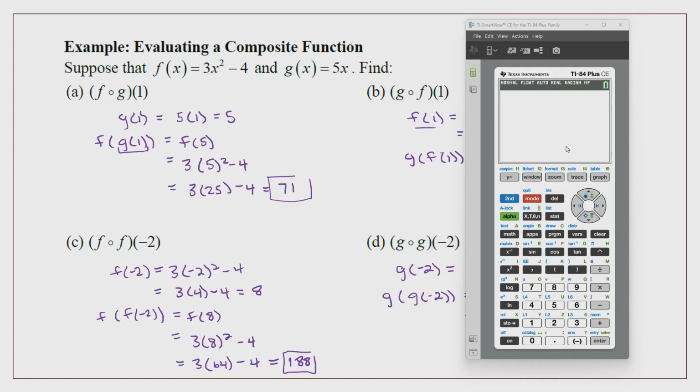Now we want to enter our two functions, y1 and y2. There are two different places where you can locate these, so I'll show you both of them, and then we'll move forward. The first way is to press alpha and then trace. This will pop up a bar on your screen where you are located in Y-Vars, where you see all of the different variations of Y. We are going to be using Y1 and Y2 when entering this composite function.